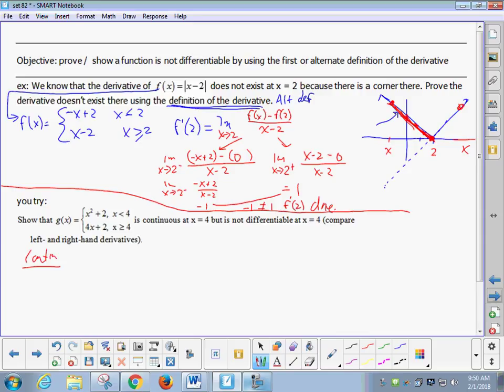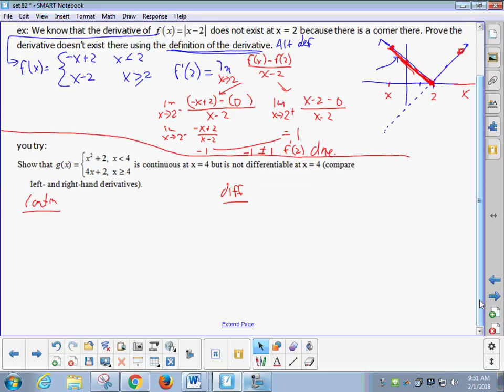Continuous, yes, but differentiability, no. Keep in mind you should always be using G in this problem, not F. I almost used F.